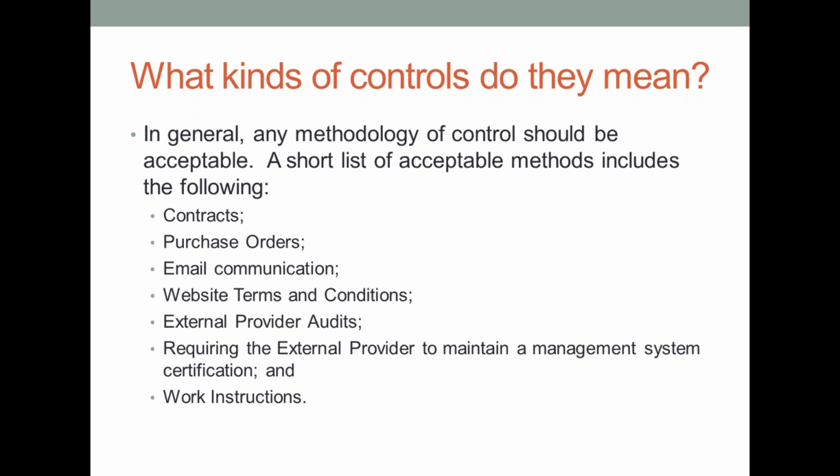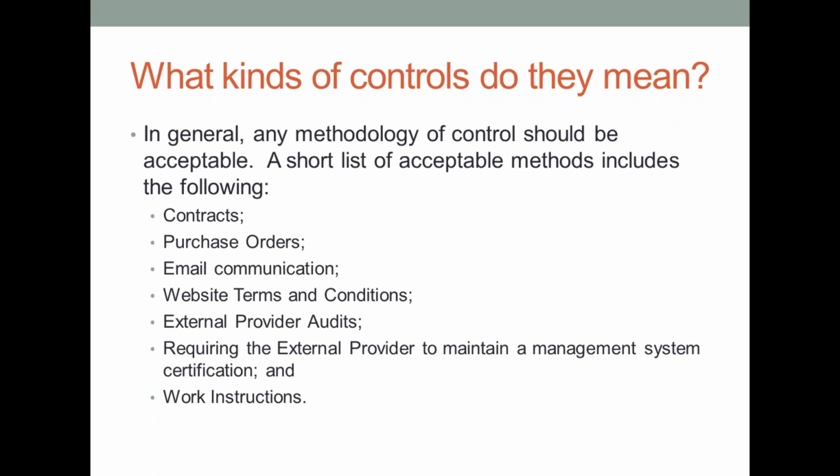Let's take a short look at a list of what could be considered acceptable. Having a contract with a subcontractor, issuing a purchase order that has terms and conditions, having email communication, if you're using email as a means to stipulate what you need to your subcontractor, having your terms and conditions on your website, going to your external provider, doing a site audit and verifying that they are doing what you expect them to do.